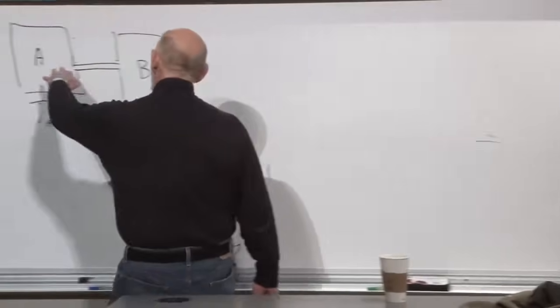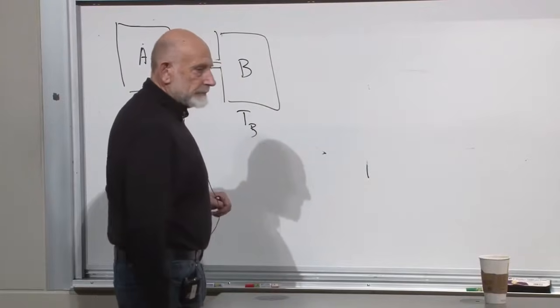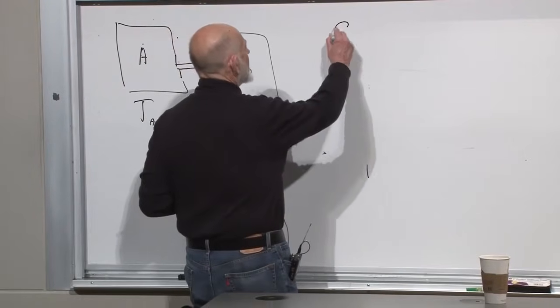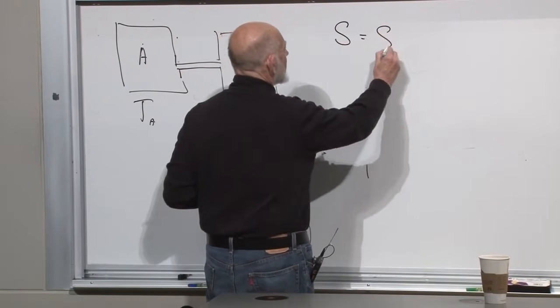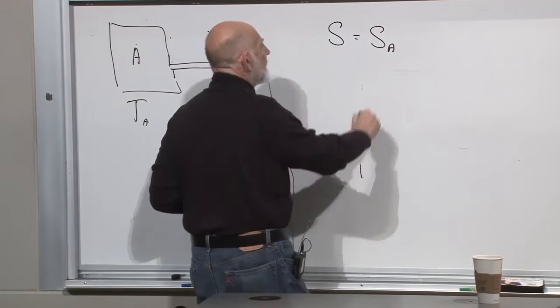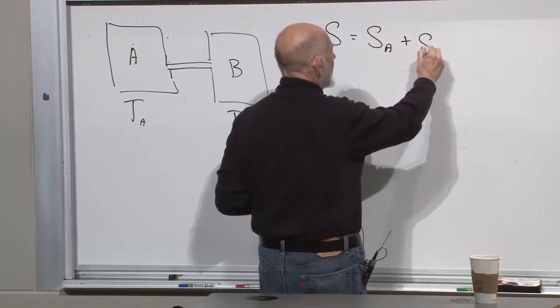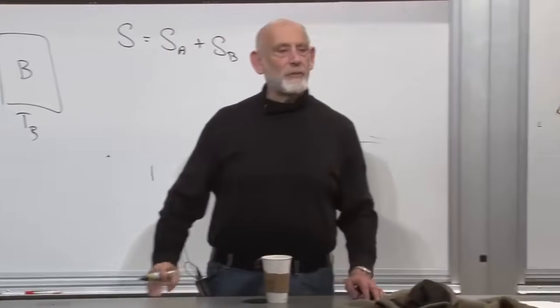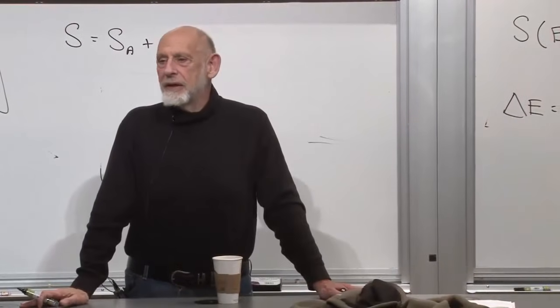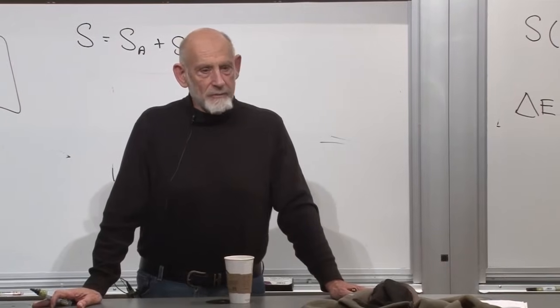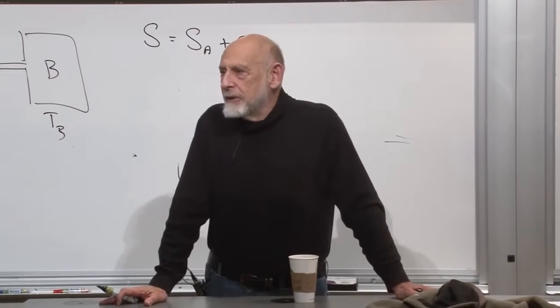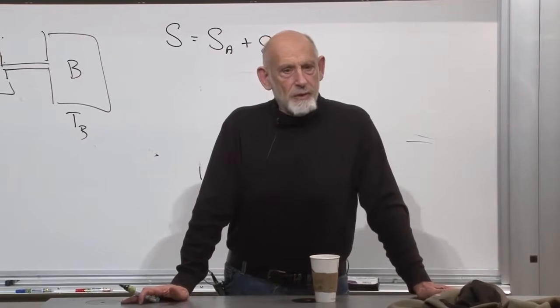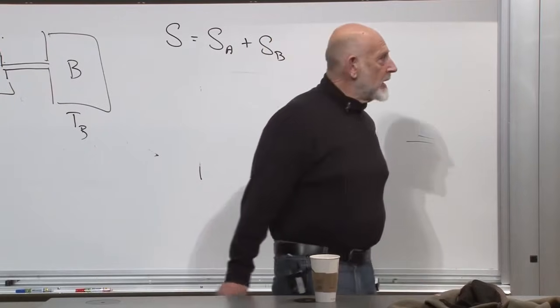So let's try to follow the line of reasoning now. The total entropy of the system, S, is equal to the entropy of A plus the entropy of B. Why is entropy additive? Does anybody know? From the mathematics, because it's the logarithm of something.